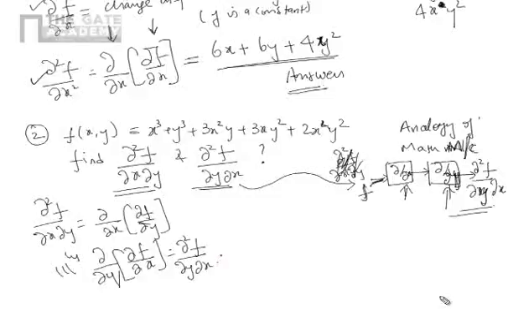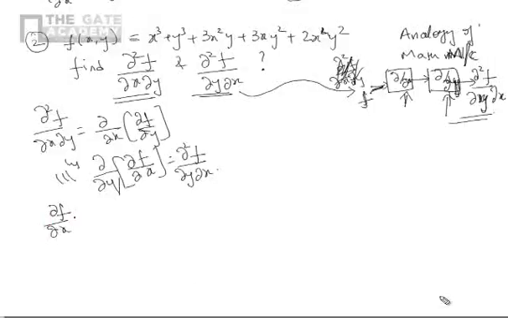Now, having understood this, let us find this. We have already calculated in the previous problem ∂f/∂x is equal to 3x² + 6xy + 3y² + 4xy². Now I have to find ∂²f/∂y∂x.